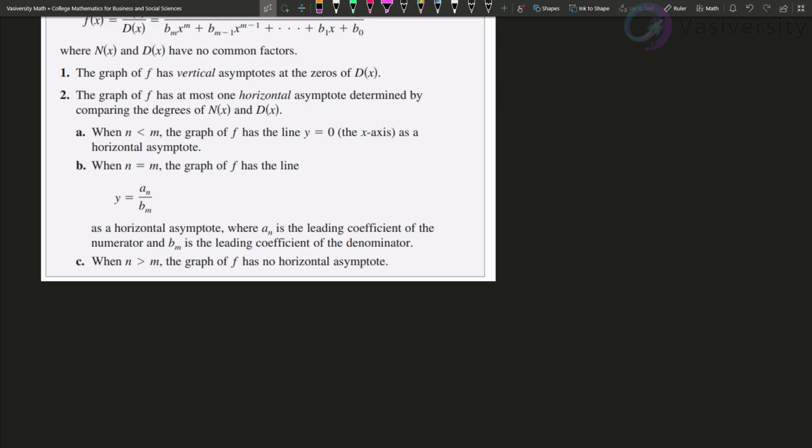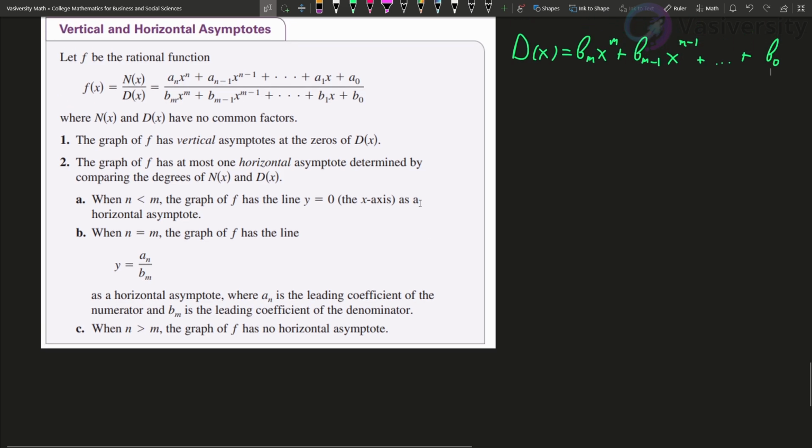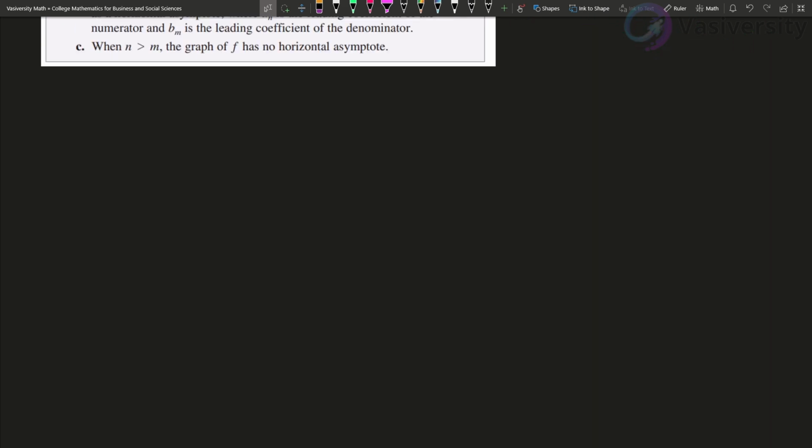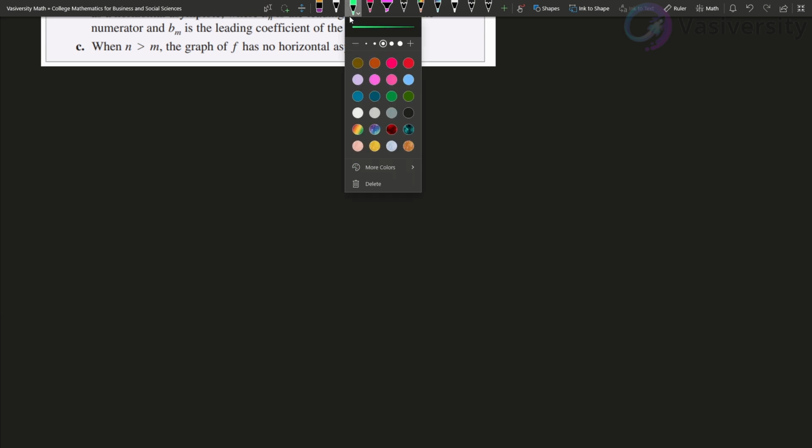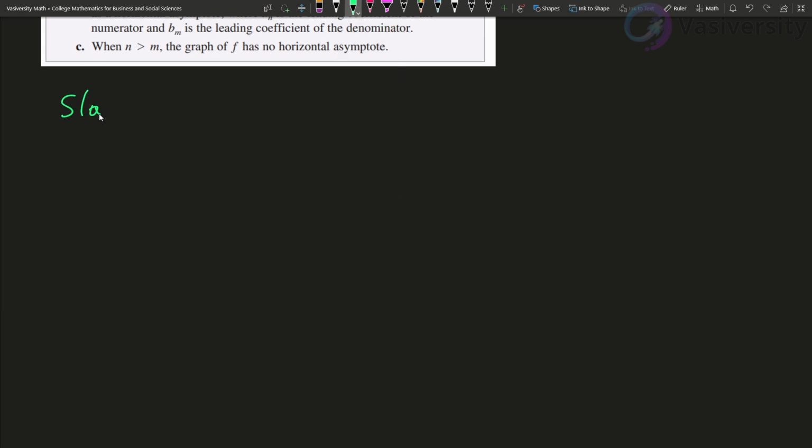All right, perfect. So those rules you can apply to rational functions in order to find the asymptotes. And the last kind of asymptote that I mentioned is called a slant asymptote.